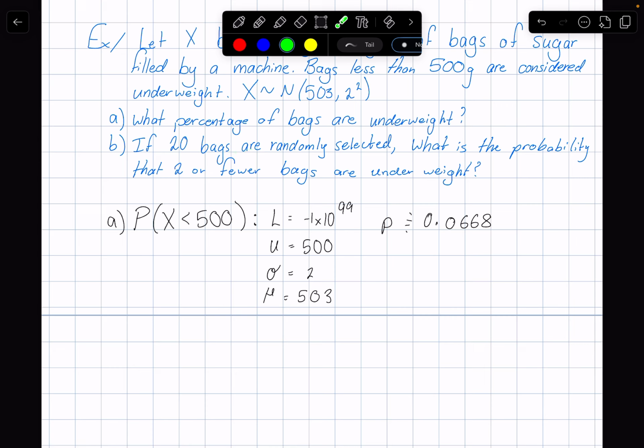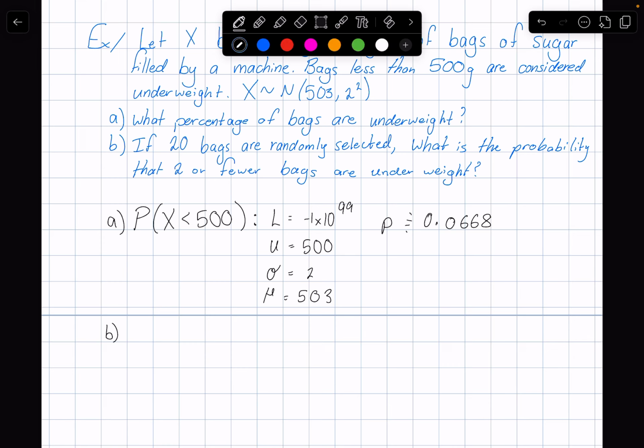Now, if 20 bags are randomly selected, what is the probability that 2 or fewer bags are underweight? This is a bit of a trick question because it's actually swapped from normal distribution to binomial distribution, because we're counting number of bags.